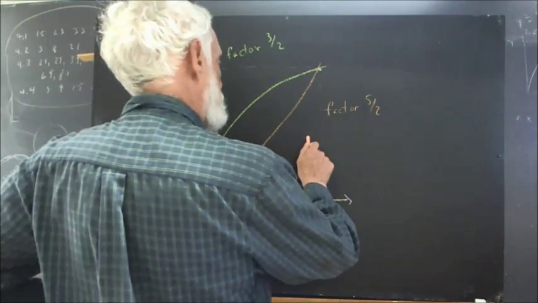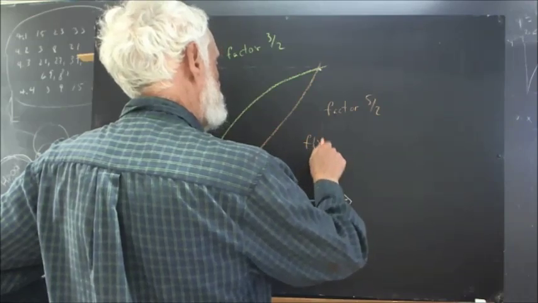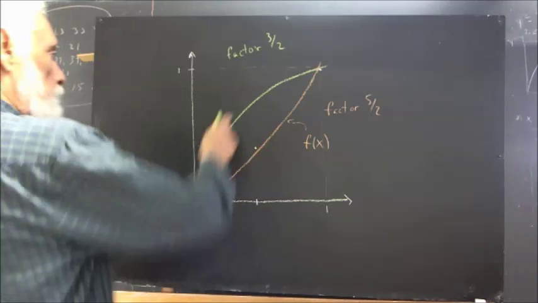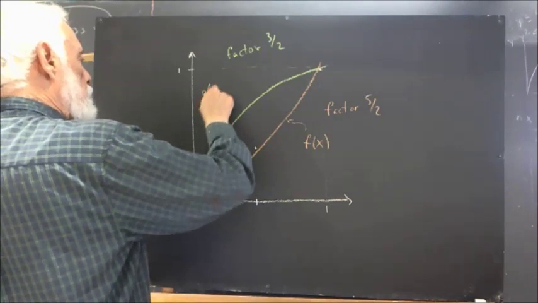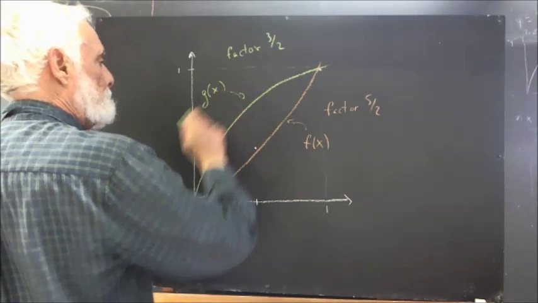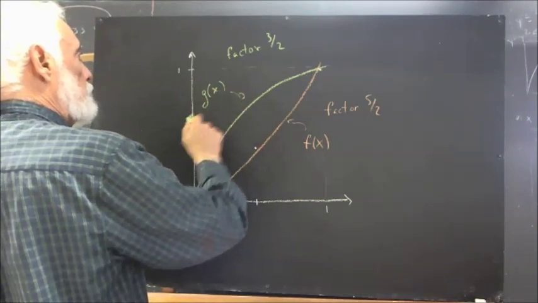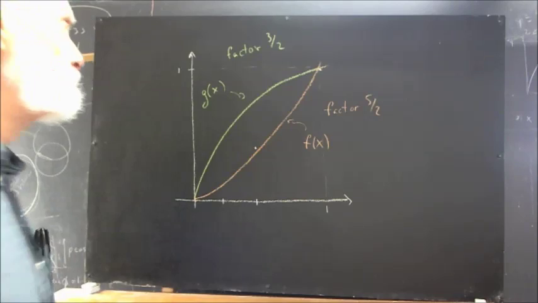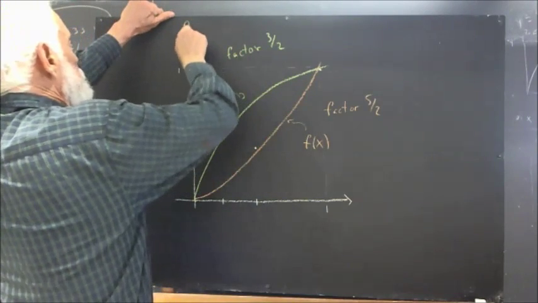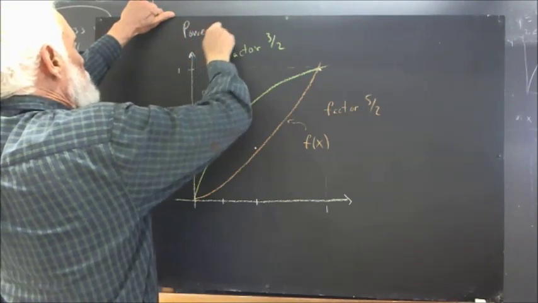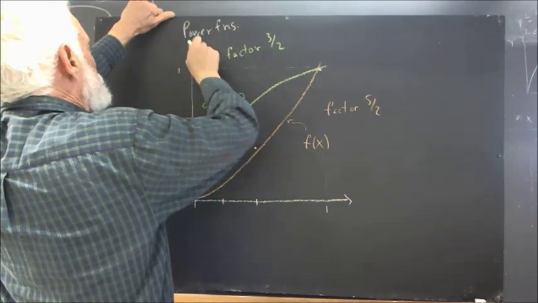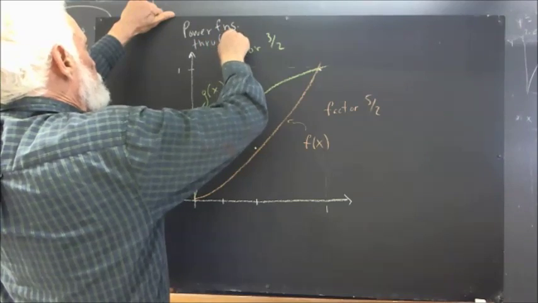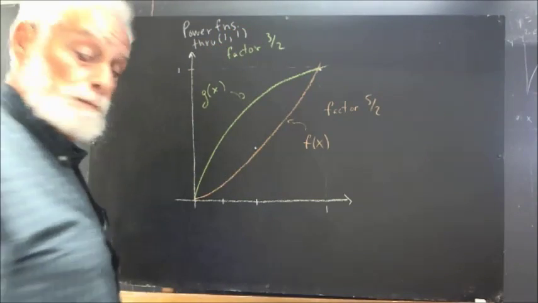Okay, so this would be our f of x graph according to the instructions. And this graph we're going to call g of x. Factor 3 halves, both power functions through the point 1, 1.